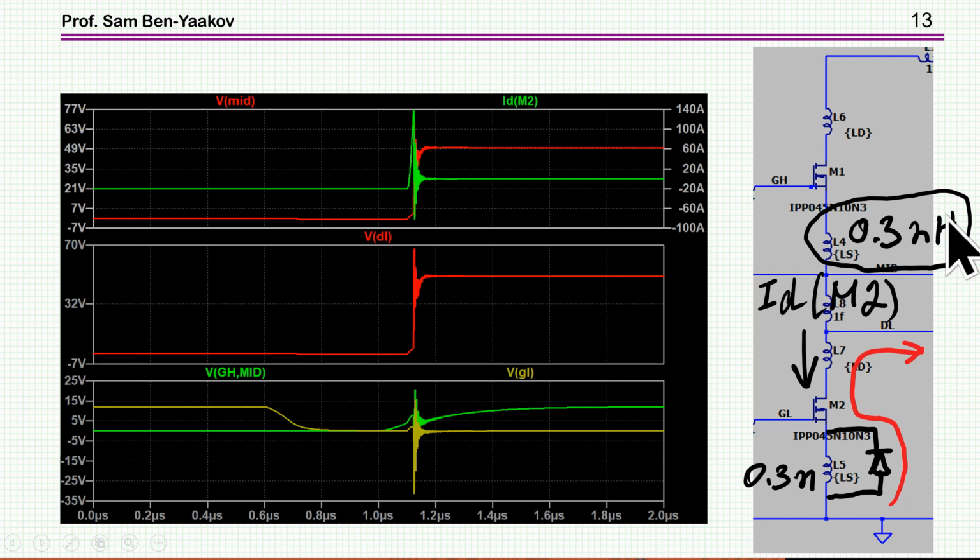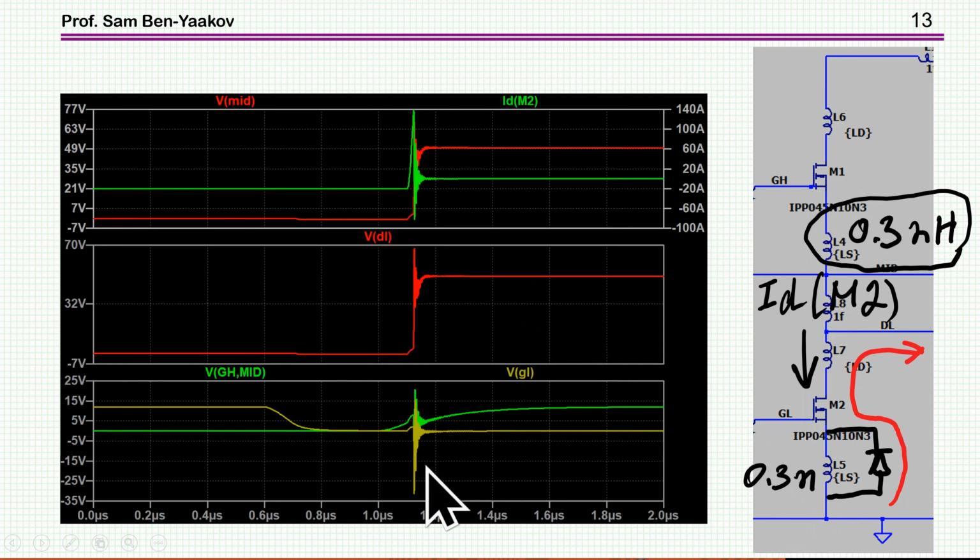And this sort of represents everything, okay? So I've put the inductance for the high side and low side transistors, and these are 0.3 nanohenry, both of them.